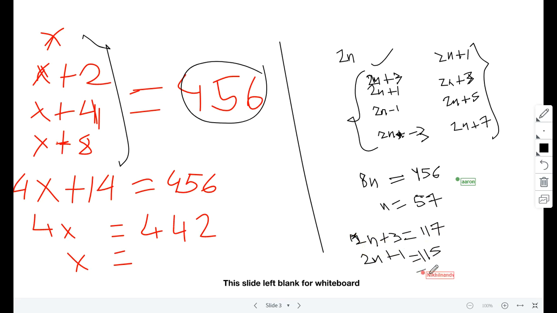Understood? So by default the next numbers will be 113 and 111. Have you understood?